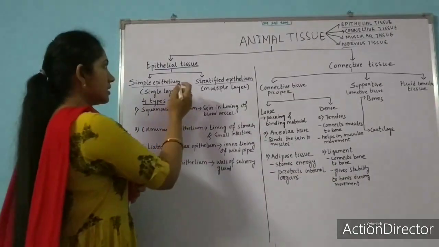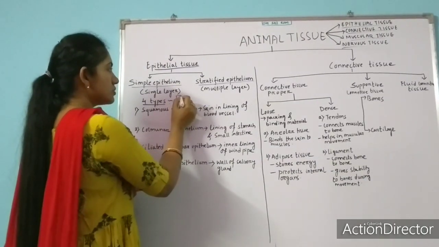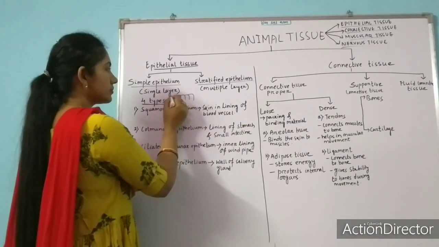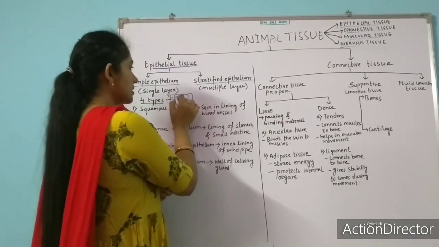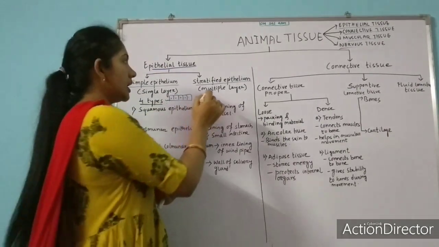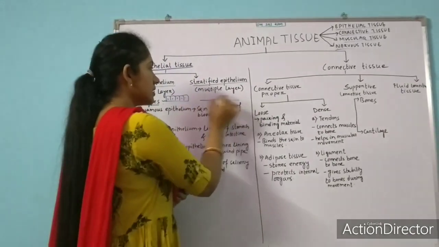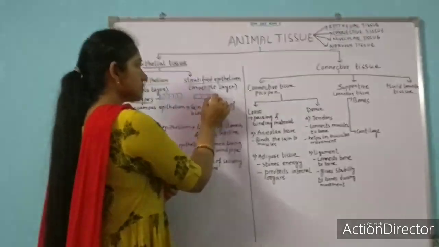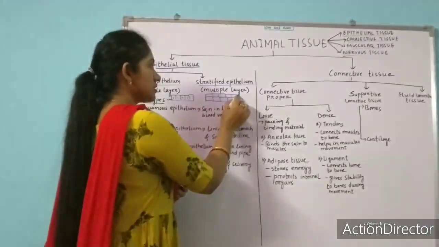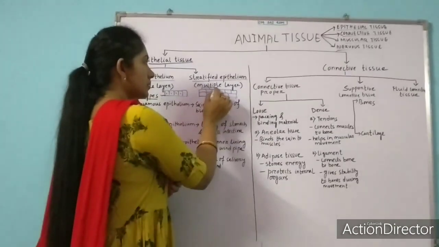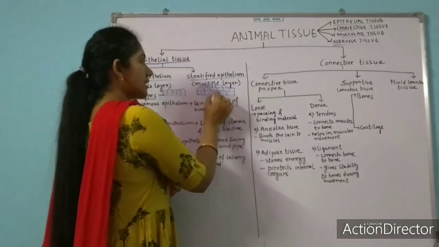If I draw here, simple epithelium has only a single layer, but stratified epithelium, if you see, has more layers like this. You can see there are a number of layers in stratified epithelium.